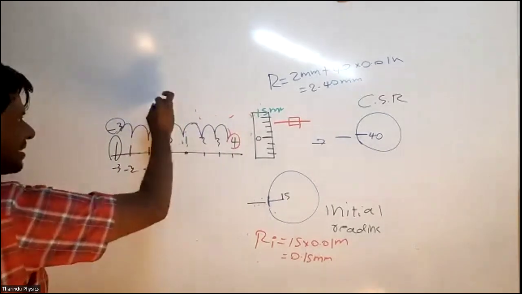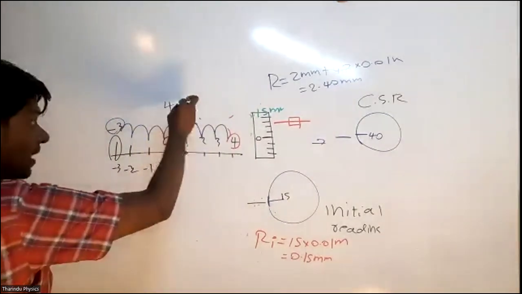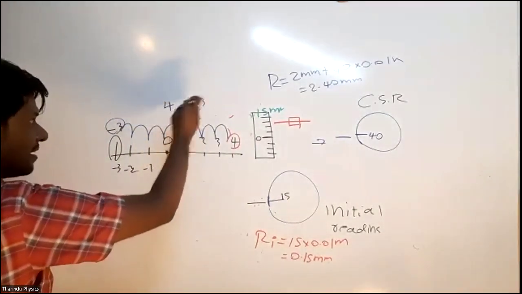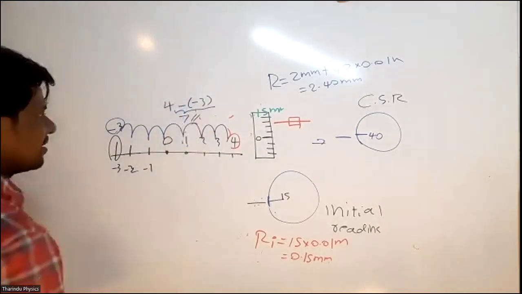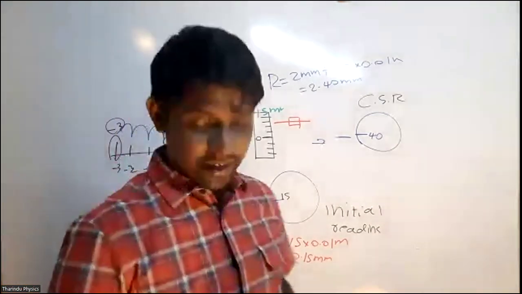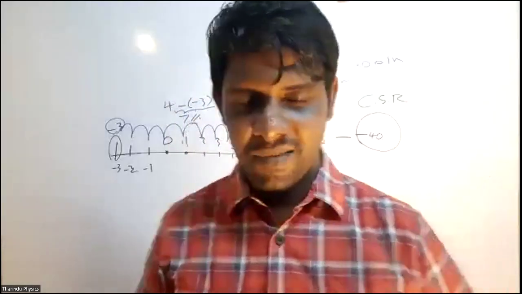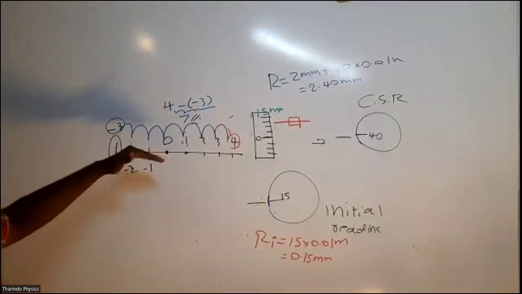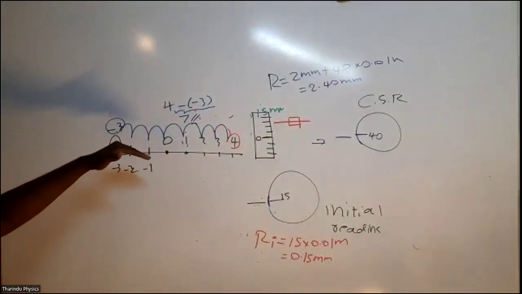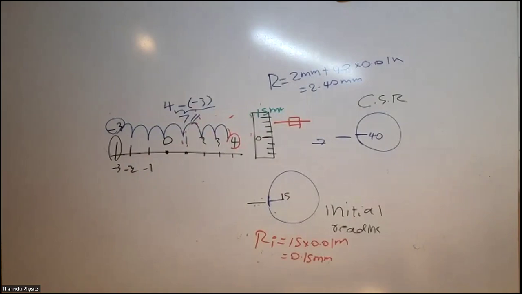What is your final result? 4 minus minus 3, and your result is 7. You have done this in your grade 7, no? Isn't that the same thing that we have to apply over here now? Yes or no?